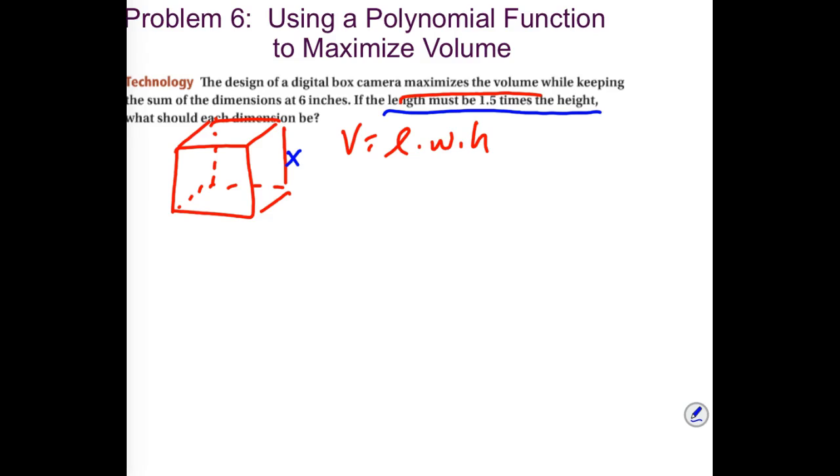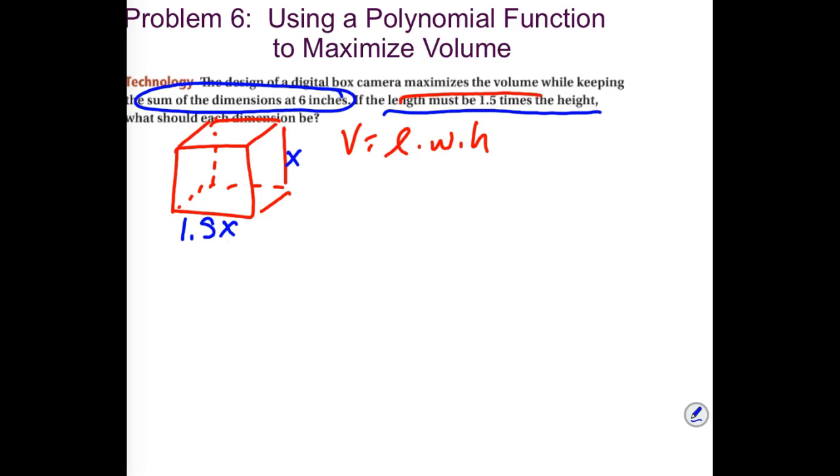Yes? All right. So I need 1.5 x's for a length. I need a single x for height. The only thing they gave me to help me figure out the width of this is that the sum of my dimensions has to be a 6.